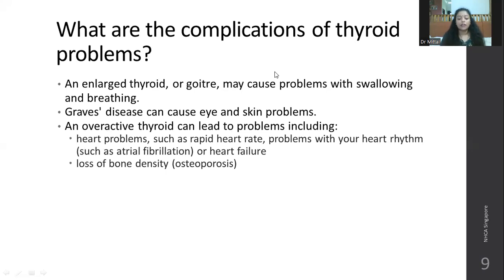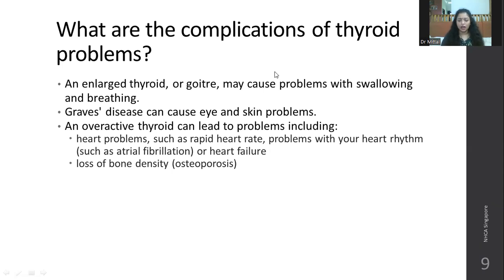An overactive thyroid gland can lead to problems including heart problems, as I mentioned: nervousness, anxiety, racing heart, heart palpitations. That is, you feel the heart thumping in your chest for no reason at all. Usually it happens when you are scared, too excited, or in fight or flight mode.